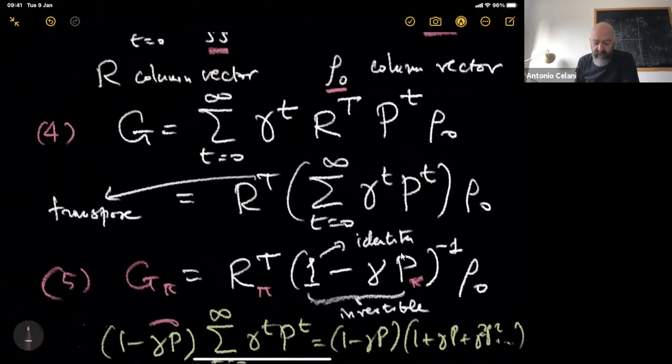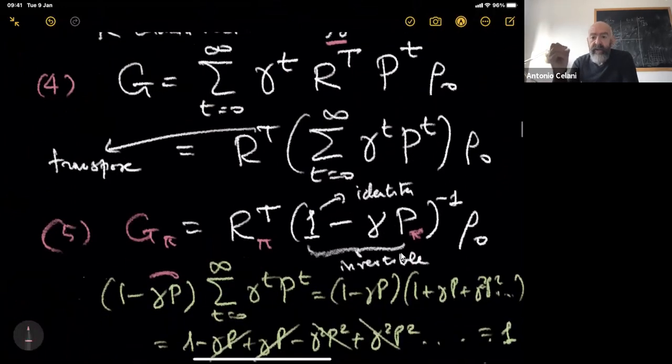So my G pi is a strongly nonlinear function of pi because of this inverse. This object is linear, but there's a minus 1, the inverse of a matrix.